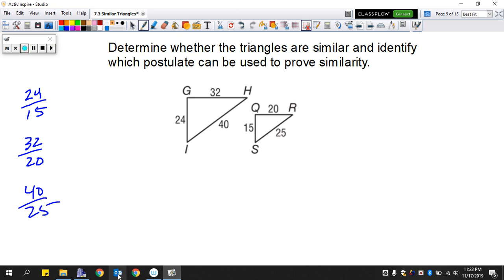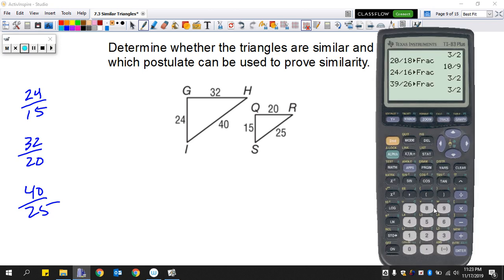So we're going to plug those into the calculator. 24 divided by 15, math enter, is 8 to 5. 32 to 20, math enter, 8 to 5.